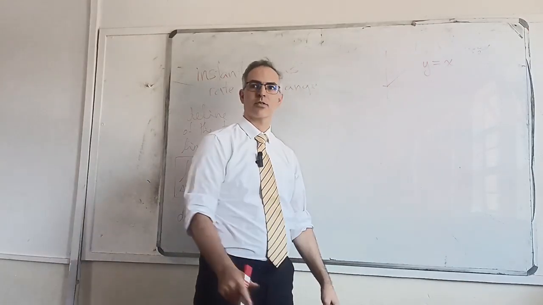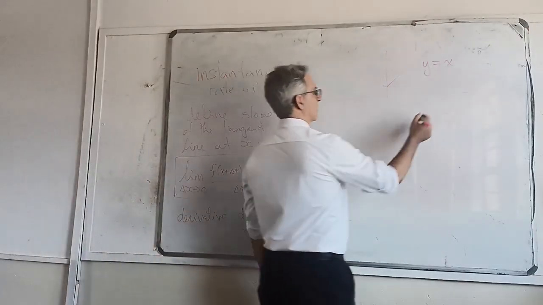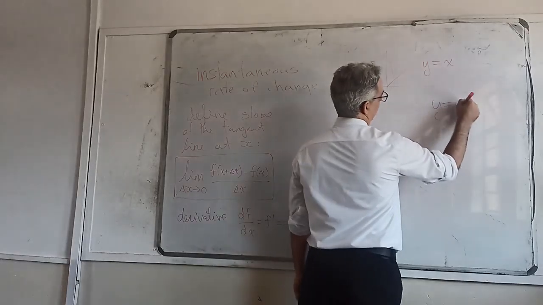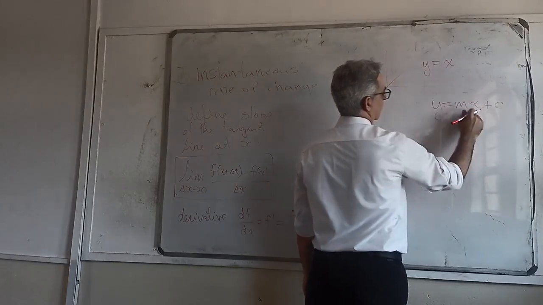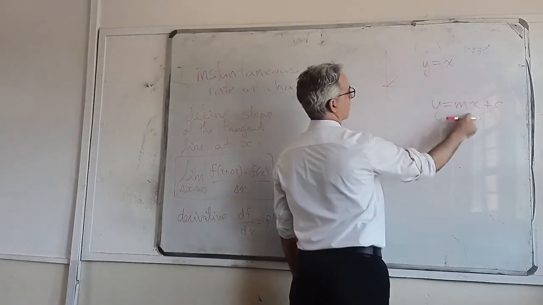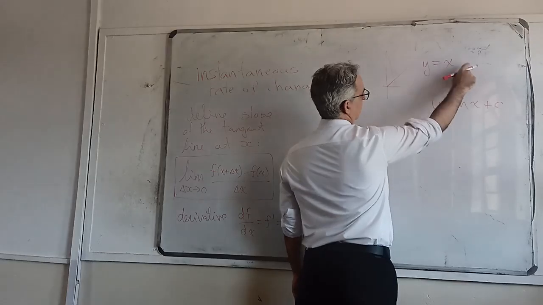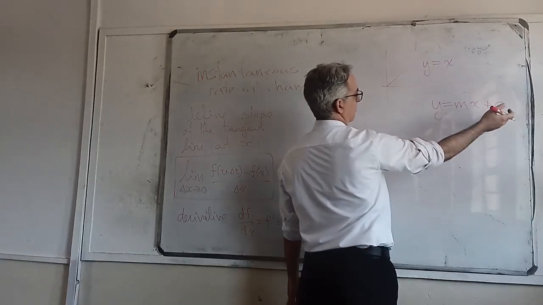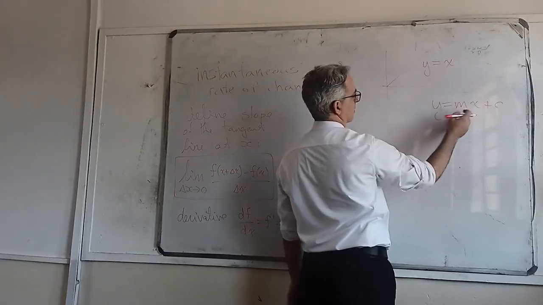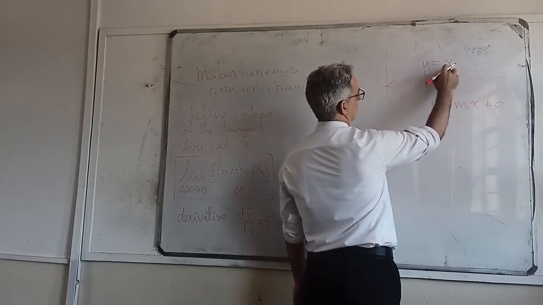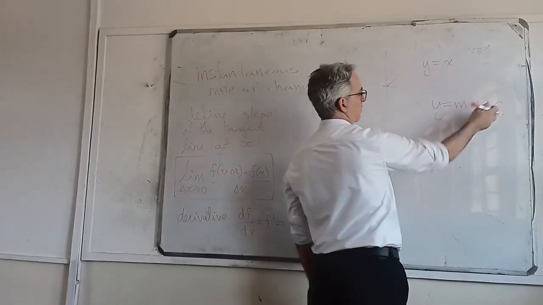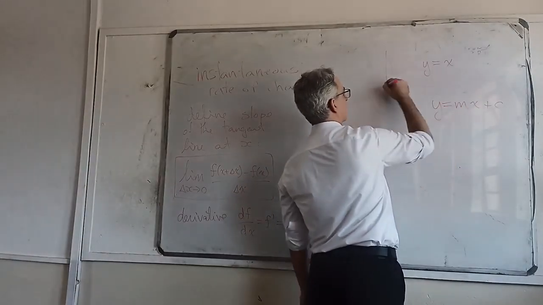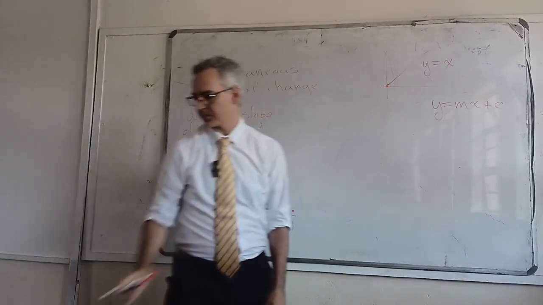So let's remind ourselves, the equation of a line, generally, is y equals mx plus c. So I compare. Is there a plus what? Nothing. So c is 0. What is multiplying the x? 1. So my intercept is 0, and my slope is 1.